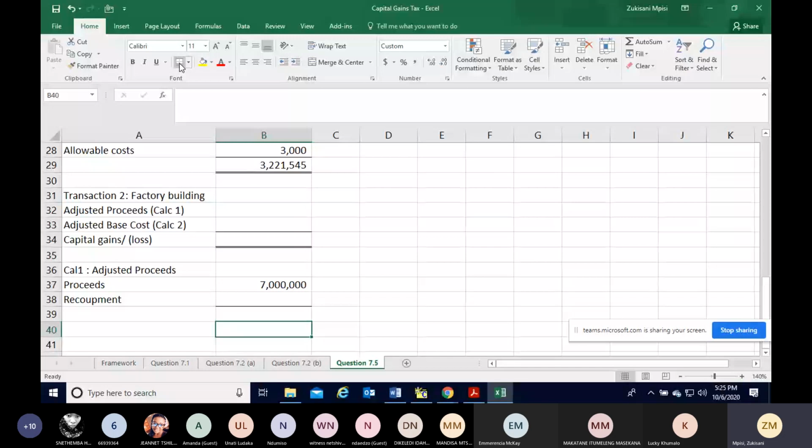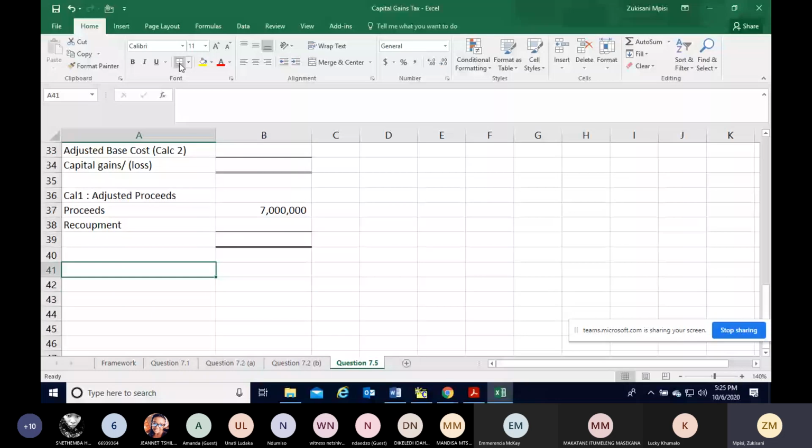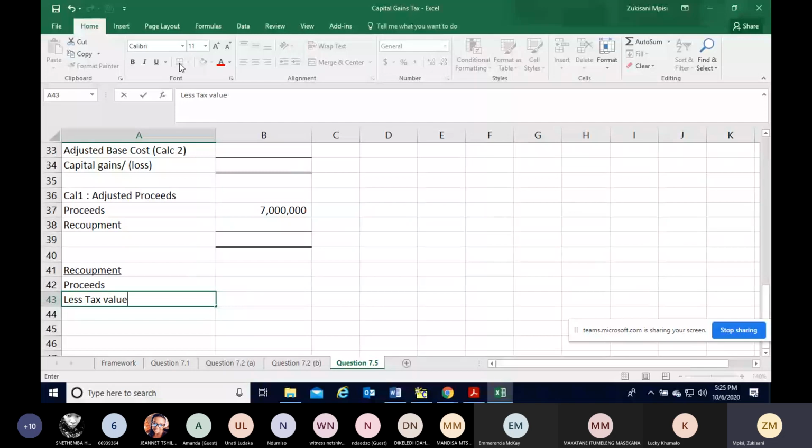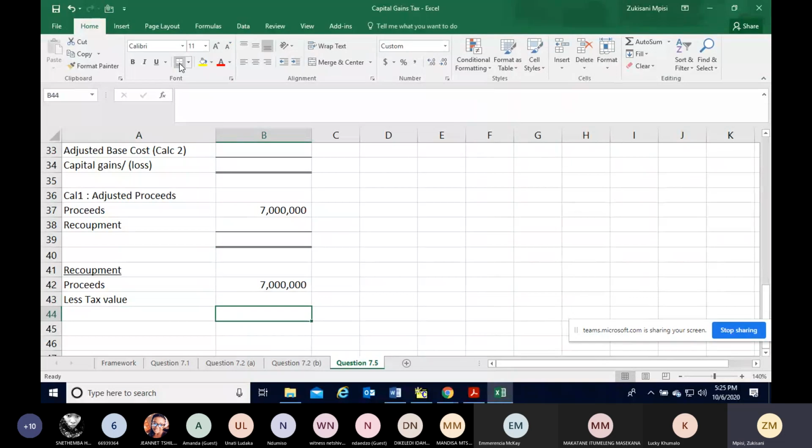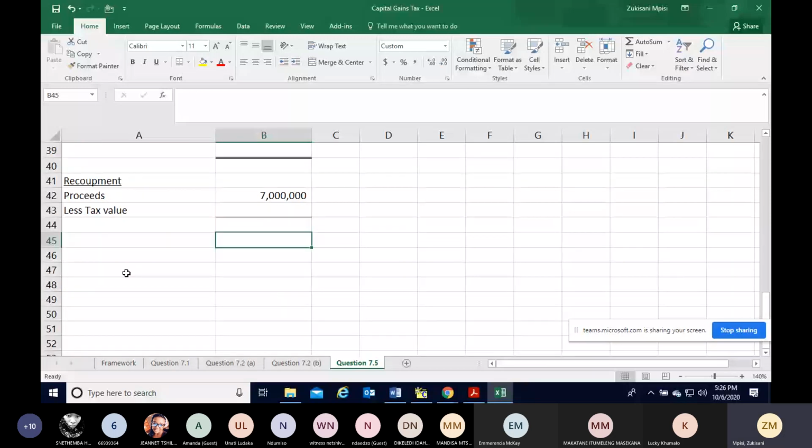In order to get the recoupment, remember now we're starting the merry-go-round again. It's going to be proceeds less tax value. So we already have proceeds as 7 million. We don't know how much our recoupment is going to be. We must now get tax value because we don't know what the tax value is.